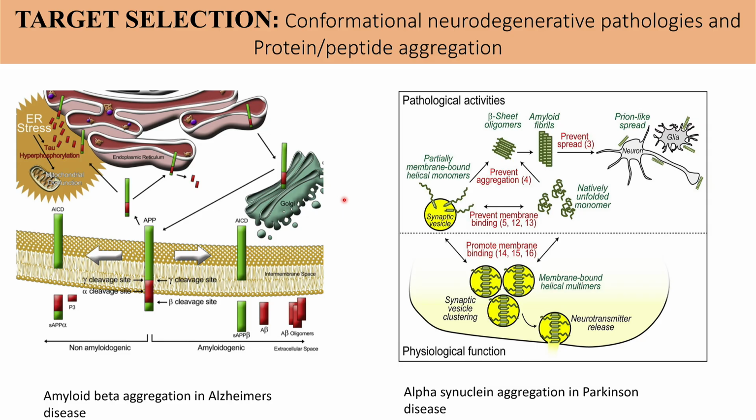In its native form this protein does not cause any toxicity, and it has some cleavage sites. If it is cleaved at the alpha and gamma sites, the products are non-toxic and soluble, they stay in the cell, and they do not cause any harm.